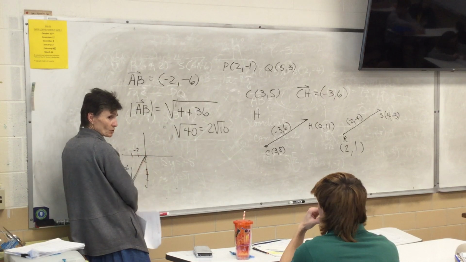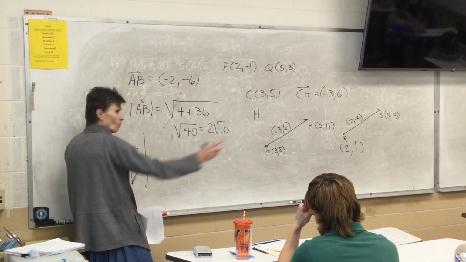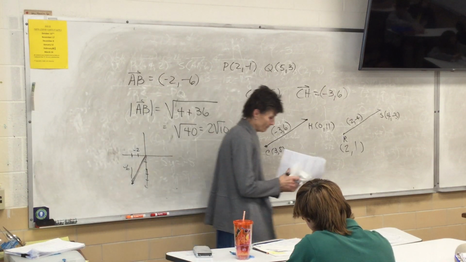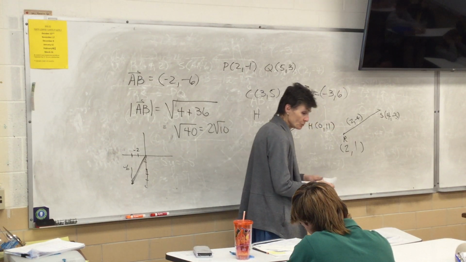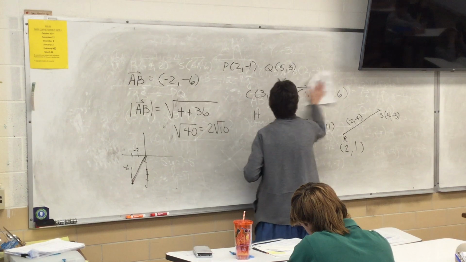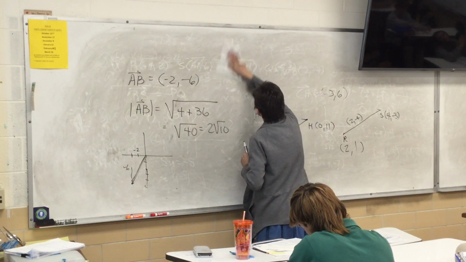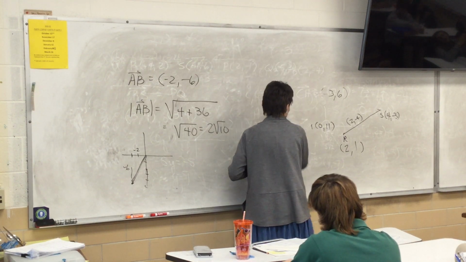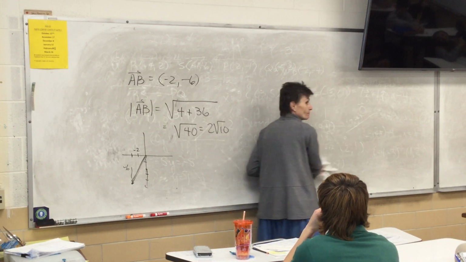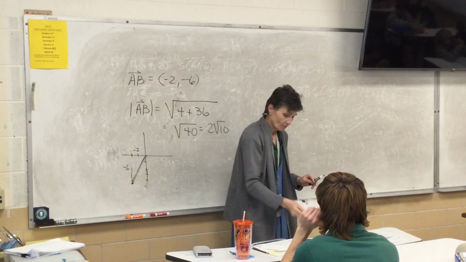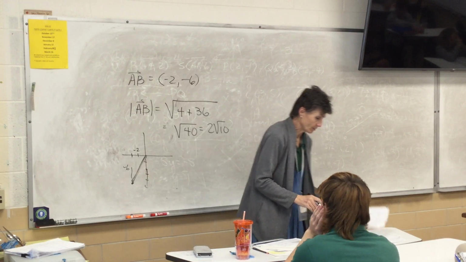Square, square, add them up and square root it. What else could you have done in this problem? Could you just use your distance formula on the original 2 points? Would that have worked? Absolutely. So if you want to do that, you surely can.